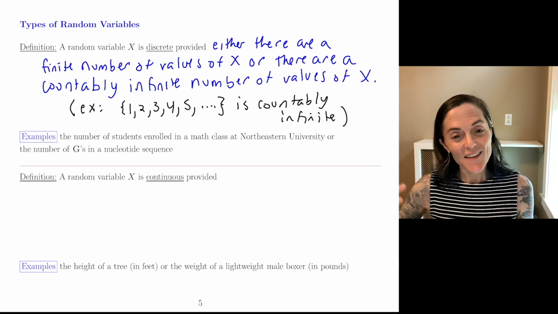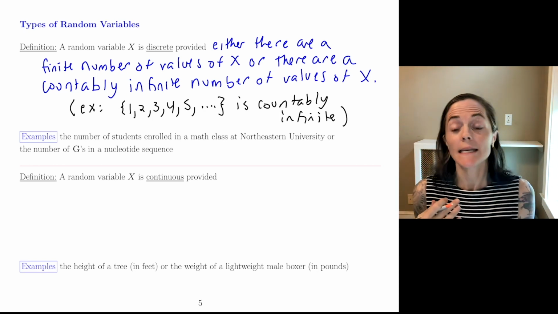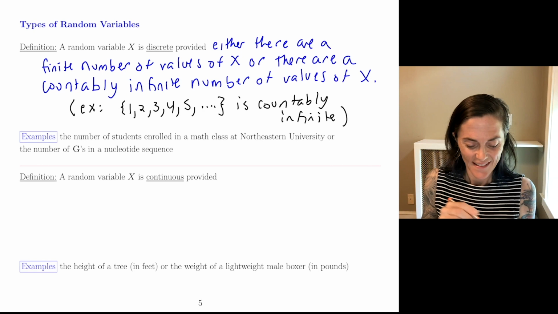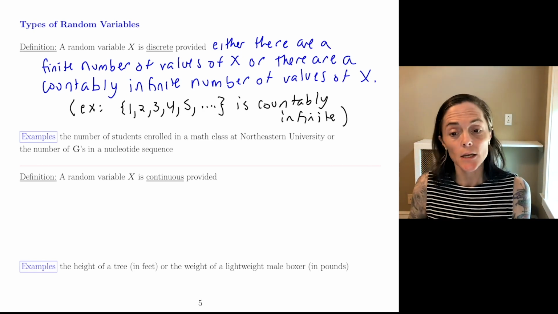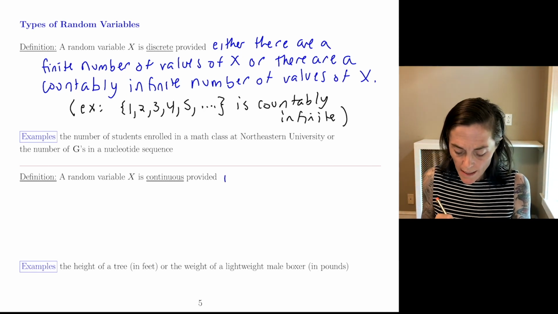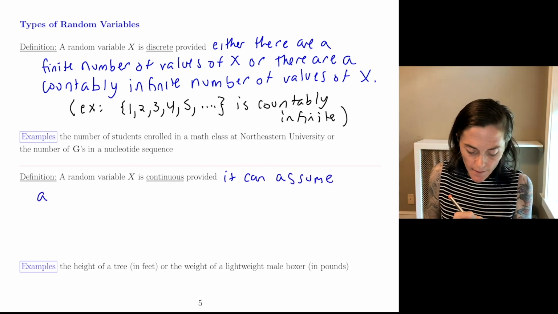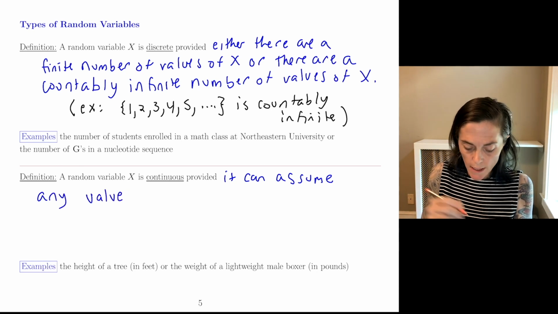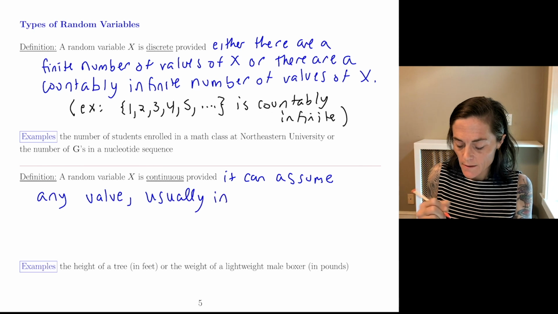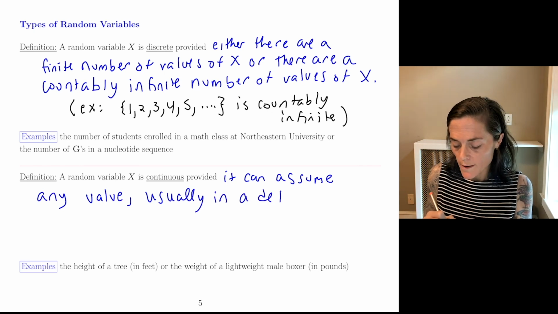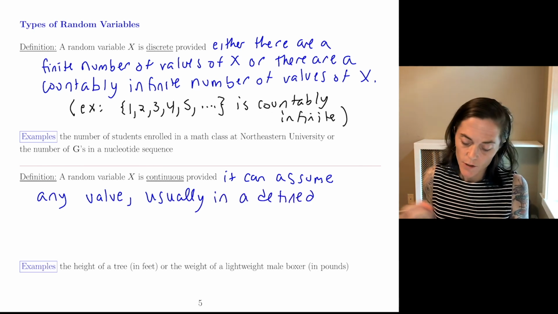Now, the other type of random variable is a continuous random variable. A random variable is continuous provided, well, it can assume any value, and usually in a defined interval, or maybe a collection of intervals.